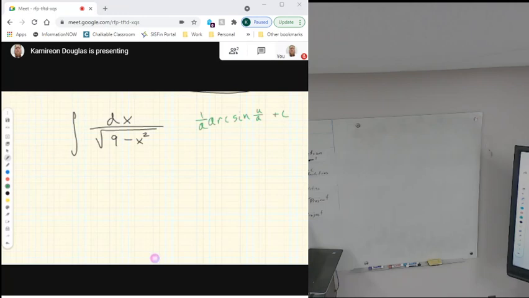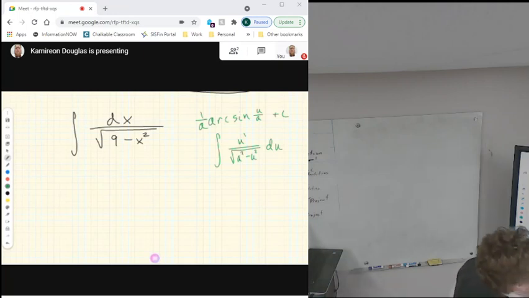I know this is what my solution is going to look like. I just need to figure out what my two pieces are, u and a. The original integral should look like the integral of u prime over the square root of a squared minus u squared du.